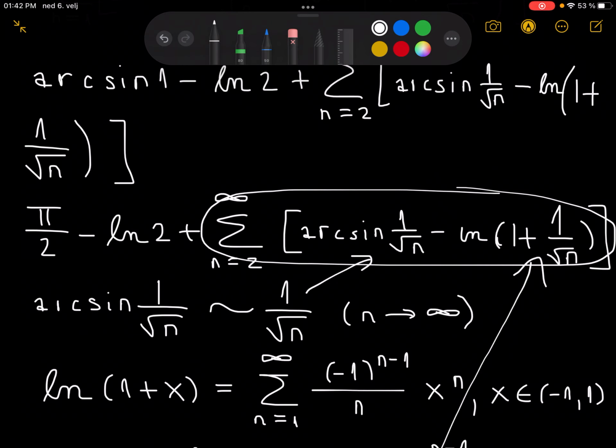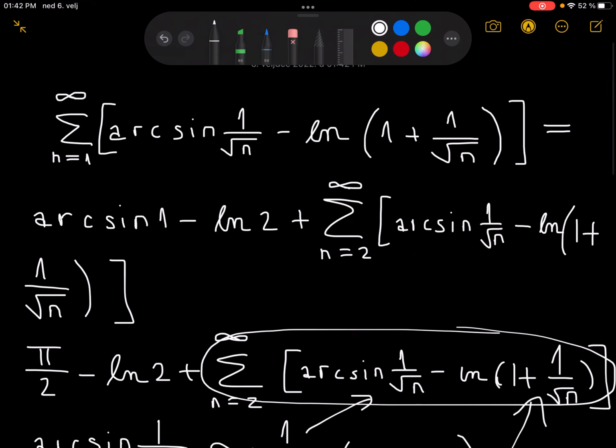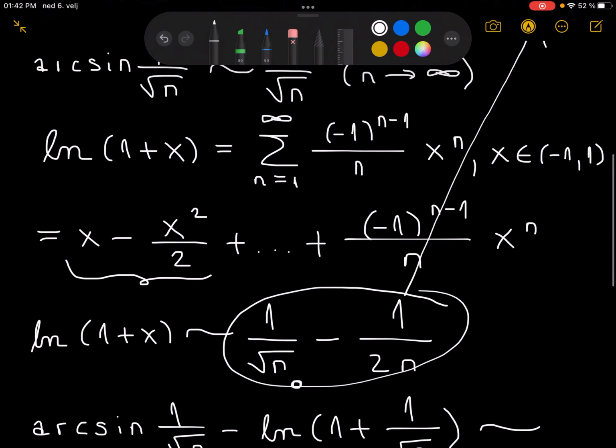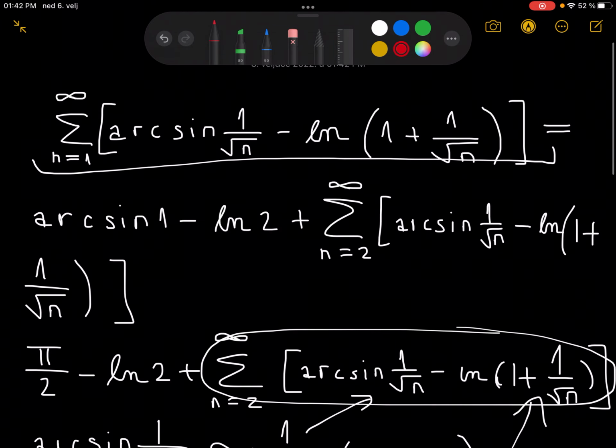And if that series diverges, our starting series must diverge as well. So, in conclusion, this series diverges.